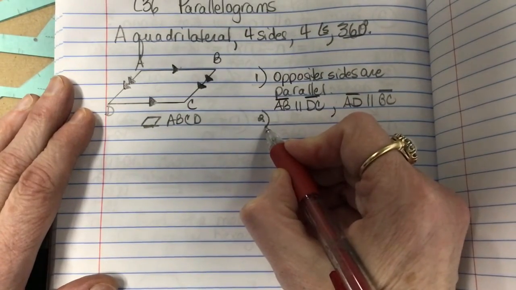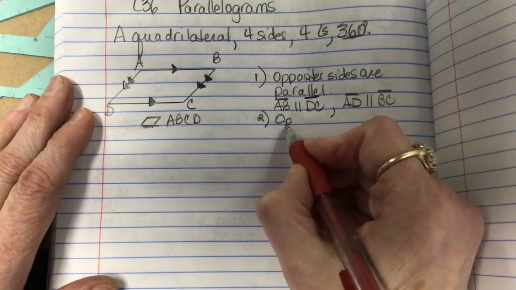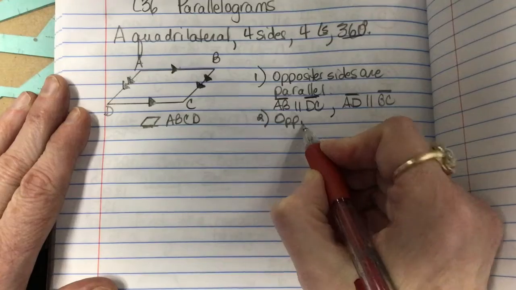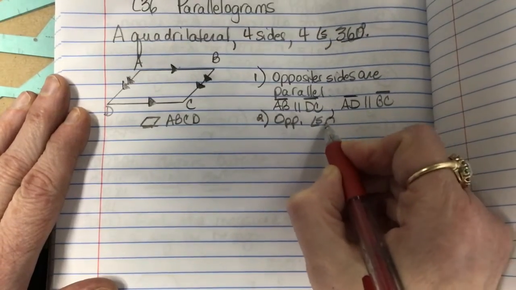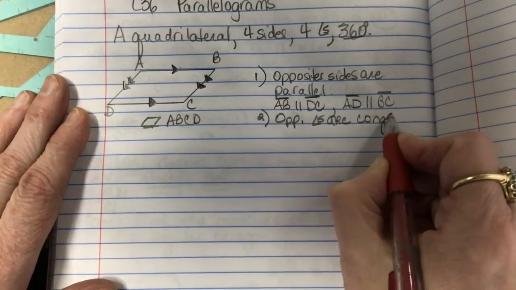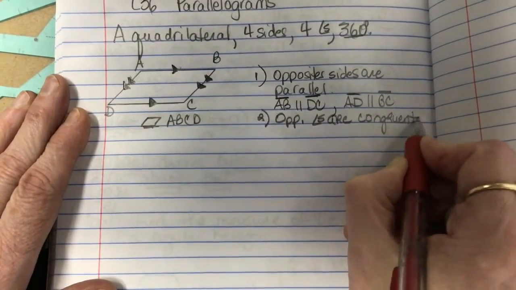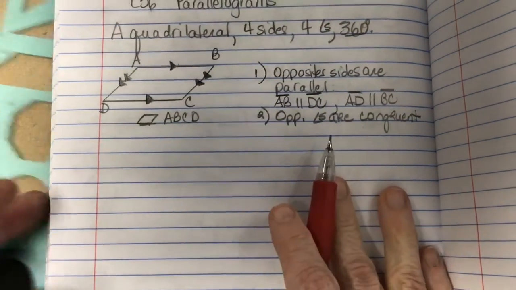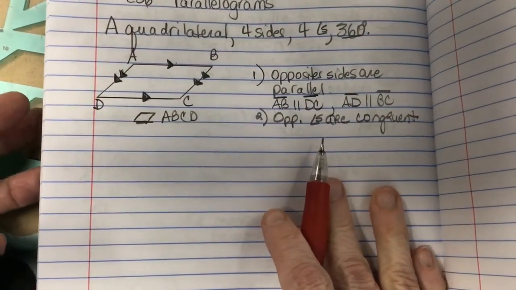Number 2, opposite, and I'm going to start abbreviating opposite. That'll save us a little bit of time. Opposite angles are congruent. Now, what do they mean by opposite angles?